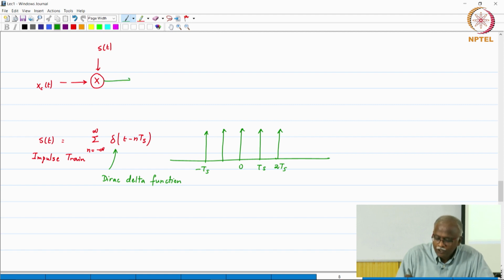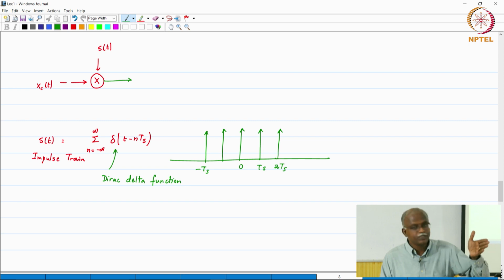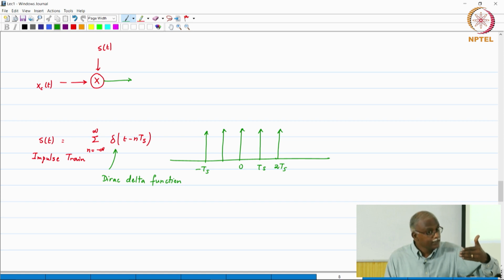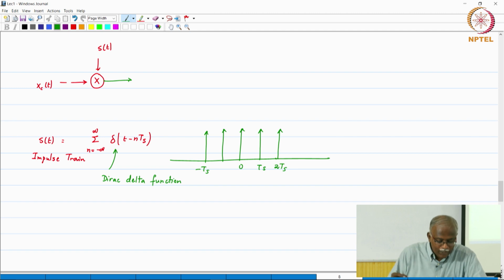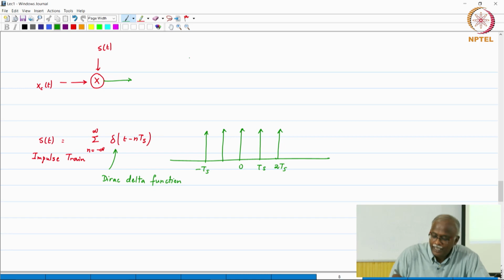Okay. So now what do I have? I have taken a continuous time signal and multiplied it with a string of Dirac deltas. It is still a continuous time signal. So I must convert it into a discrete time signal x of n.